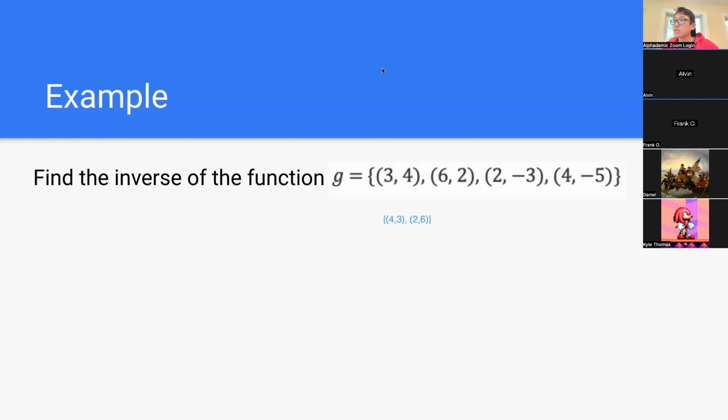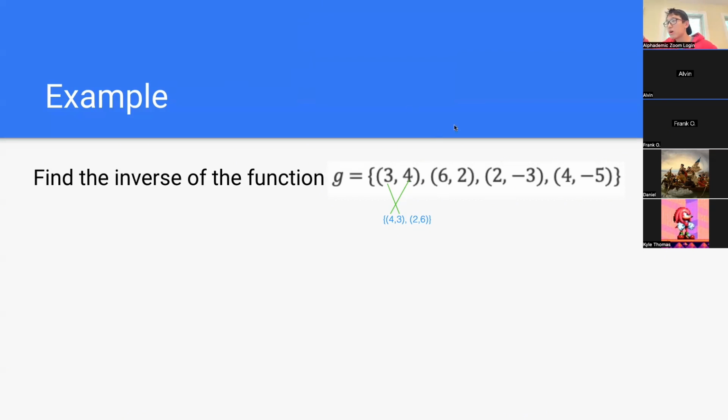For these 2 points. Again, when you have an inverse function, you swap the x and the y. The 4 in the y spot becomes the x. The 3 in the x position becomes the y. And the same goes for 6, 2.